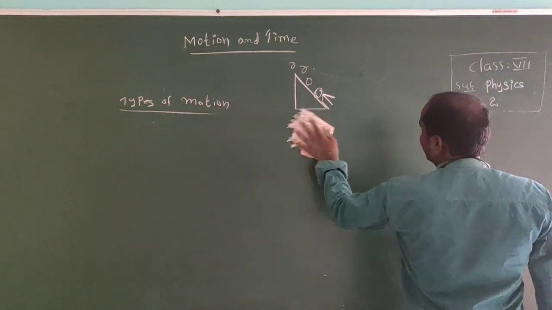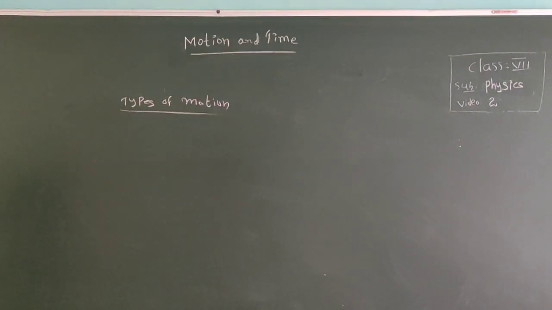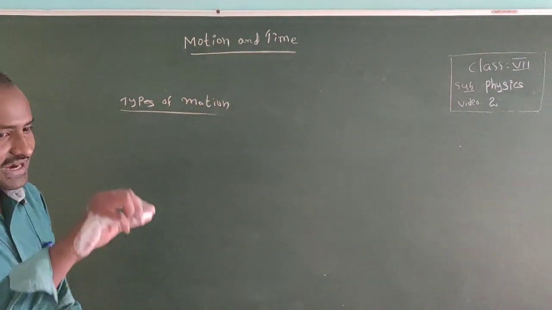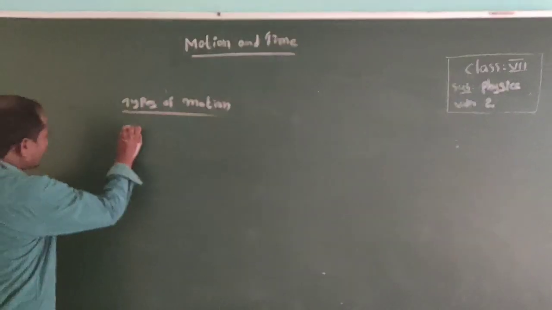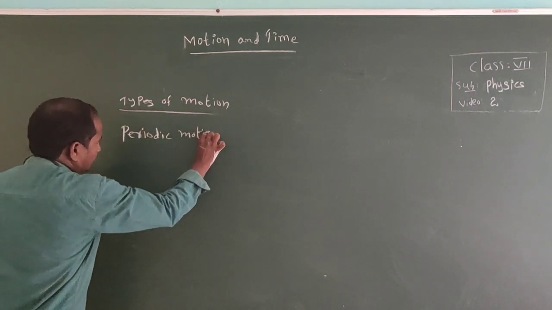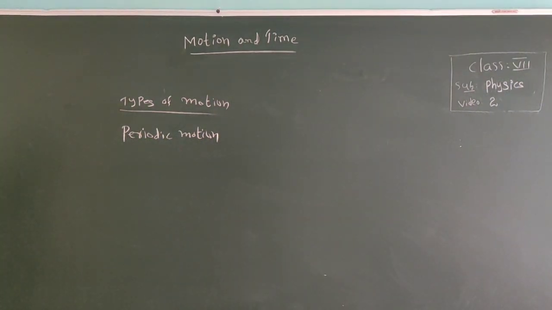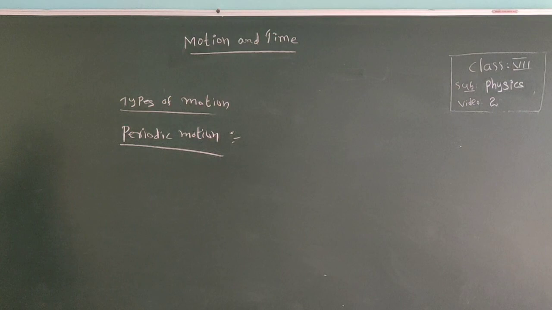For example, rotation of the moon around the earth happens in a particular interval of time. Next, heartbeat in healthy persons also repeats at a particular interval of time. That is called a periodic motion.